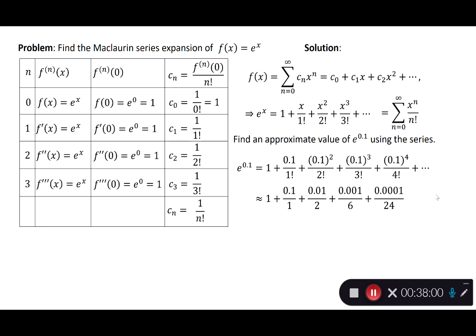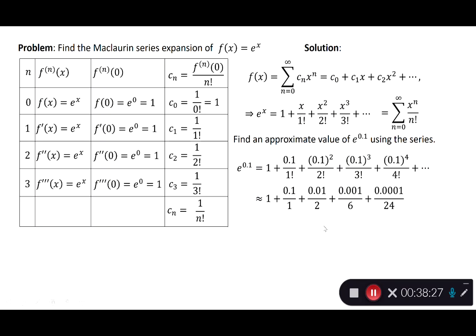Yes, I need to add an infinite number of terms, but the contribution of those is so small that I will ignore it. That's why we change the equal sign to an approximately equal sign here, because we are looking at only the sum of the first 5 terms of the infinite number. Is that such a bad idea?